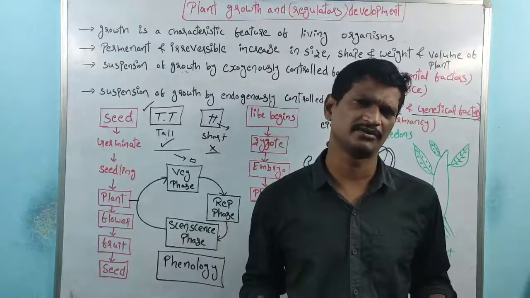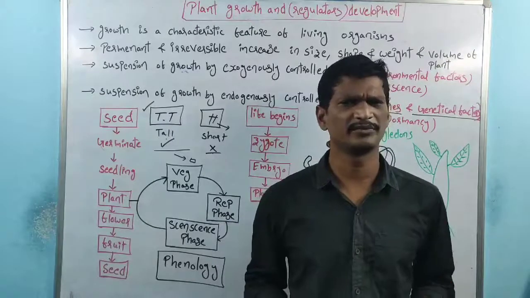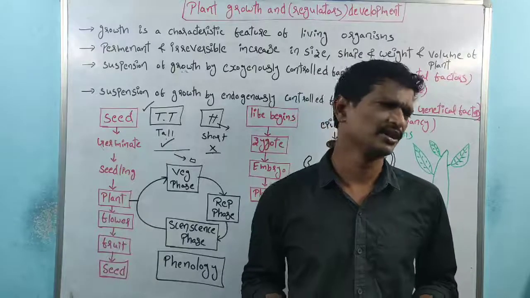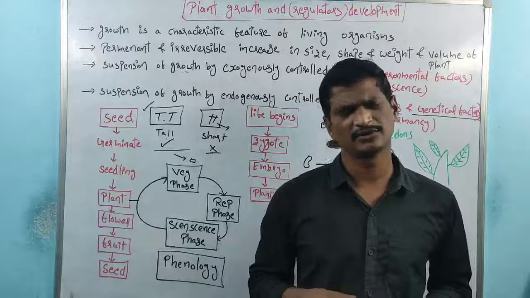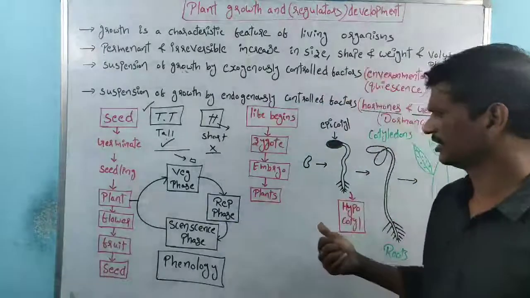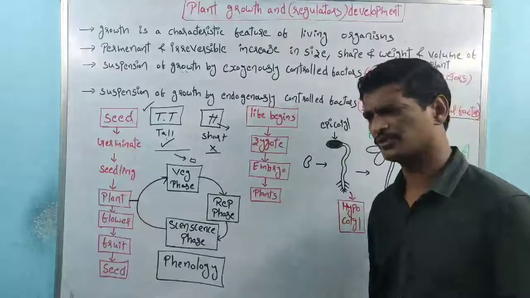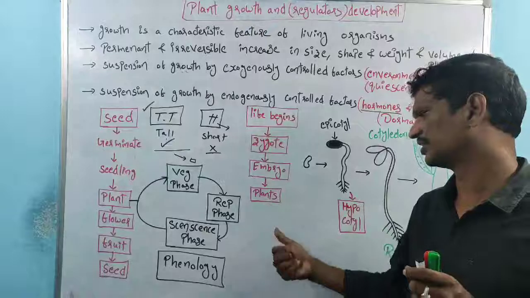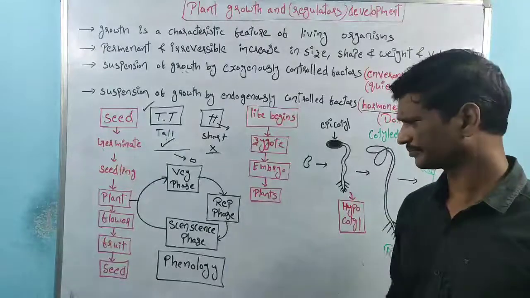Vegetative organs are developed, meaning the roots and the shoot part are developed. Before the flowering, the phase is called the vegetative phase, right? And when the plant produces the flowers, that period is considered the reproductive phase.